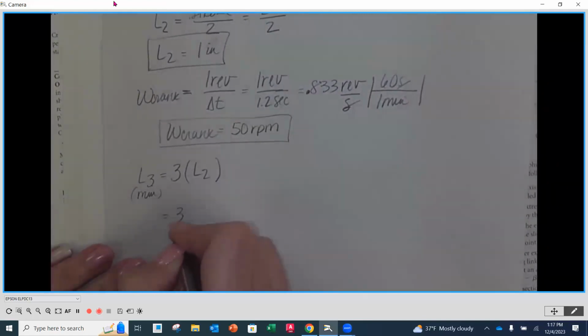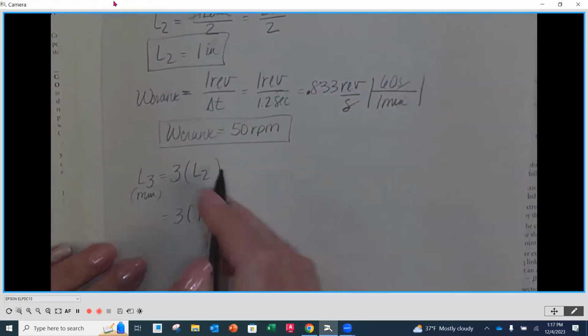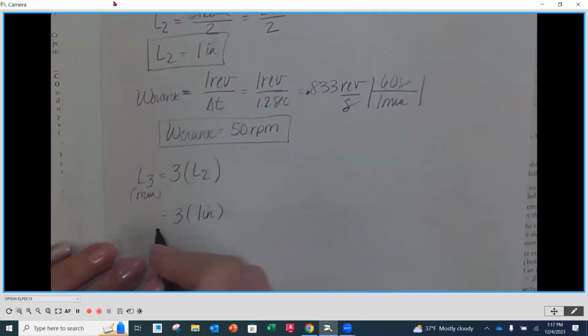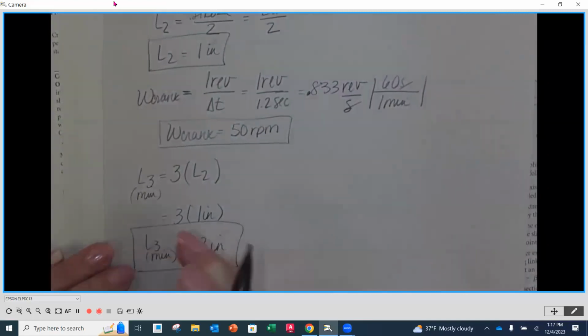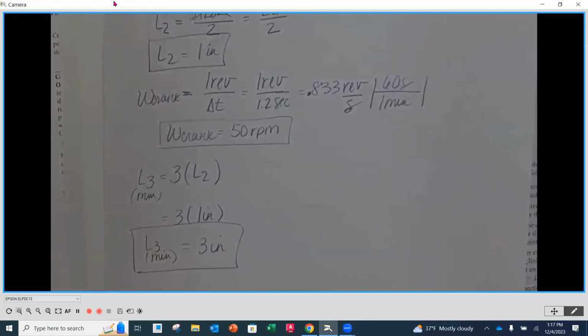So we can say 3 times 1 inch, because that's what we found L2 to be. So our L3, and I'm going to put minimum here, is going to be 3 inches. Okay. So you can always make it longer if you wanted to. And you just don't want to make it shorter. And the longer you make it, the less acceleration it'll have, the less inertia force is going to be induced.